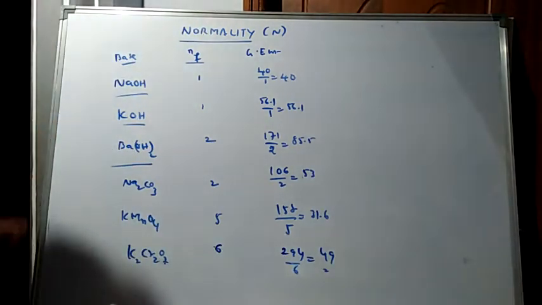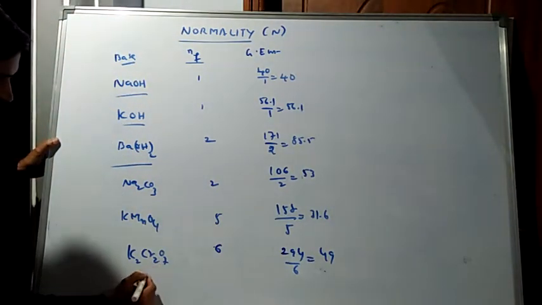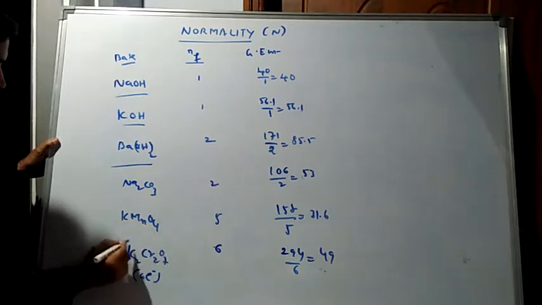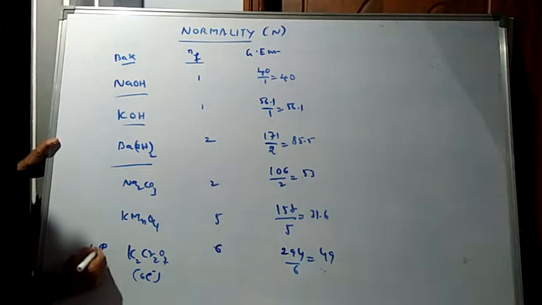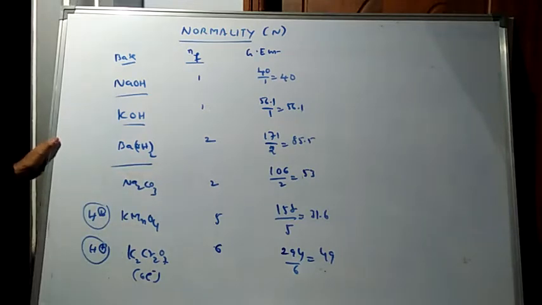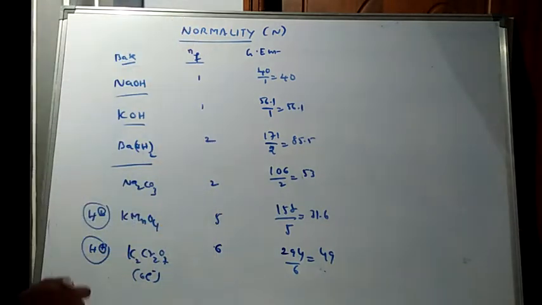Why? Because here 6 electrons are transferred, that is the N factor. I am telling only about acidic medium here. Depending on the number of equations in the redox reaction chapter also, you can get clarity about this. So these are the gram equivalent weight values of different substances.